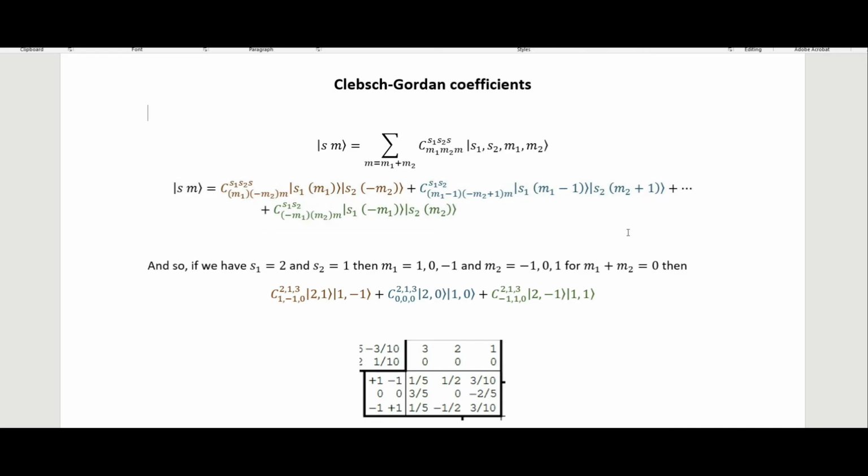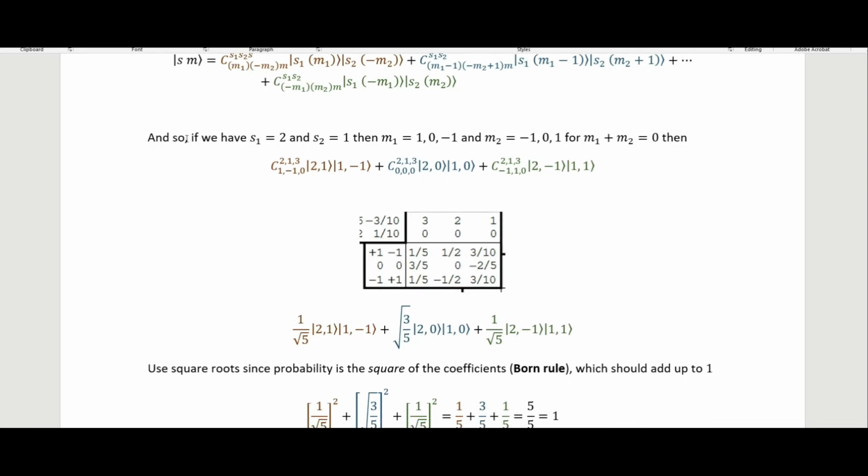So this could be multiple things, but we can use this example here. If we have S1 equals 2 and S2 equals 1, then our M1 will range from 1 to 0 to minus 1, and our M2 from minus 1 to 0 to 1, meaning that M1 plus M2 stays equal to 0. I put up here the S's.